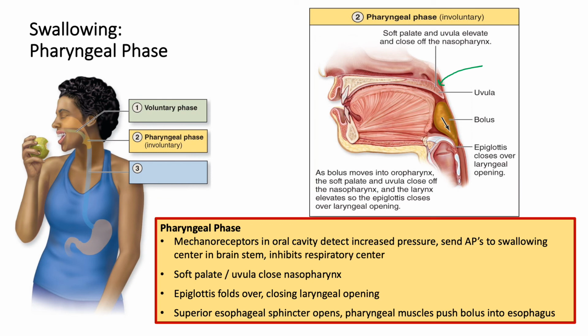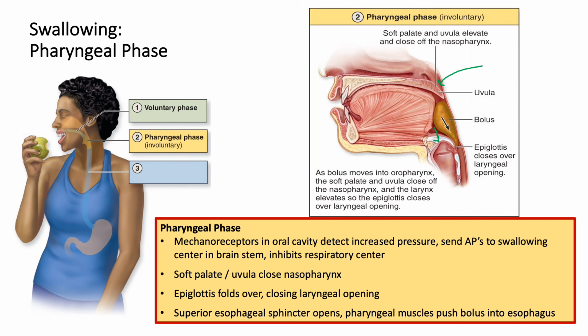The next thing we're going to see is that the epiglottis right here is going to fold over the laryngeal opening. That's going to prevent food from entering the larynx, that air passageway. The epiglottis we'll look at next in a short video. It's this leaf-shaped flap in the throat, and that prevents the food from entering the trachea and the lungs.